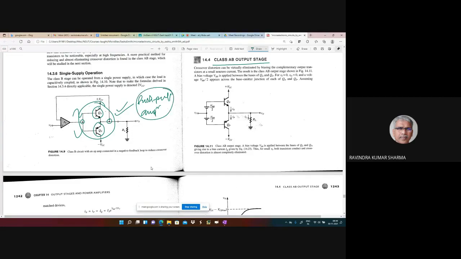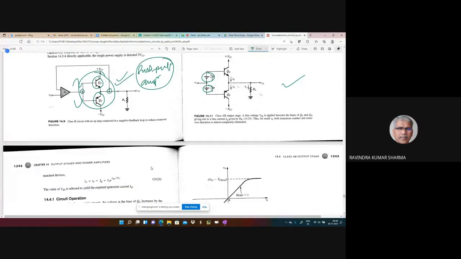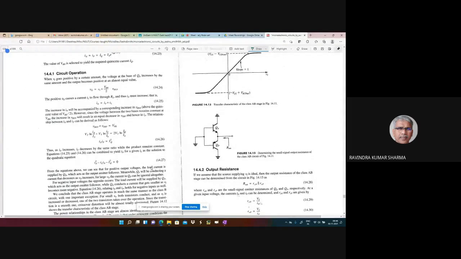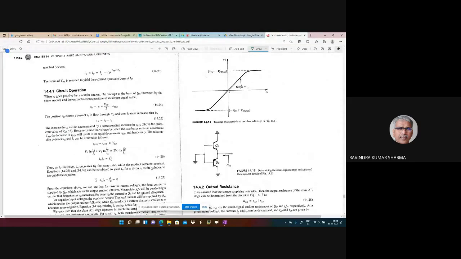The same push-pull amplifier configuration is used in class AB stage with modification of this type. So when you do this, then both transistors conduct for more than their half cycle, and transfer characteristic slope approaches to this thing, right?